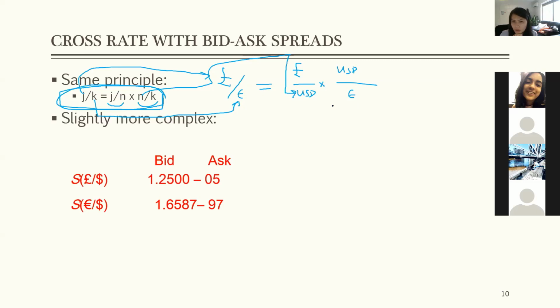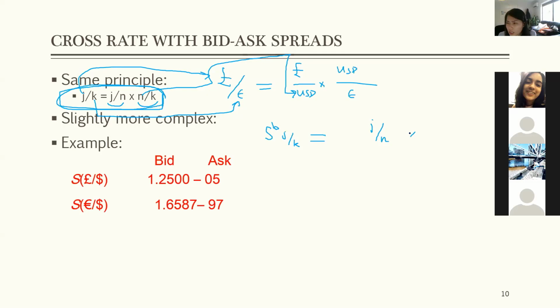So when you introduce the bid and ask spread, it's going to be the same principle, but it's a little bit more complex, okay? So in this case, if I want to find, let's say, the bid cross rate, J over K, I'm going to start with the same formula.